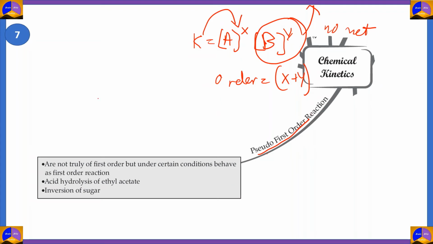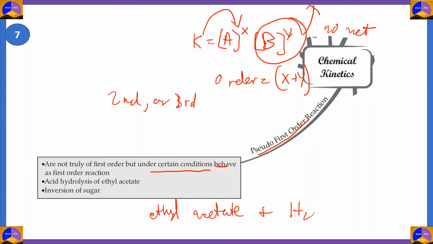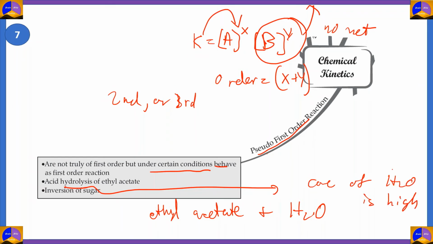So we have a reaction of, say, second or third order, but under certain conditions, it behaves as a first-order reaction. One of the best examples is the acid hydrolysis of ethyl acetate. Ethyl acetate plus H2O are our reactants. In hydrolysis, we find that the concentration of H2O is very high, so there is no net change.